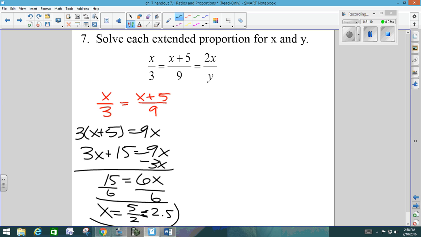Okay. But how are we going to find y now? Substitute x back in. So then I would have 2.5 over 3 equals 7.5 over 9 equals 5 over y.